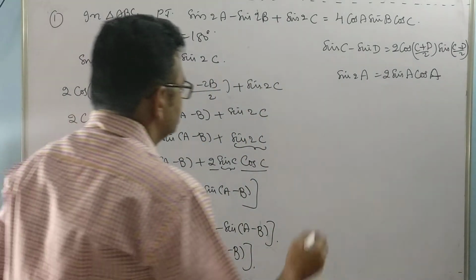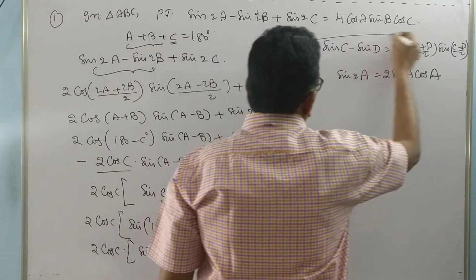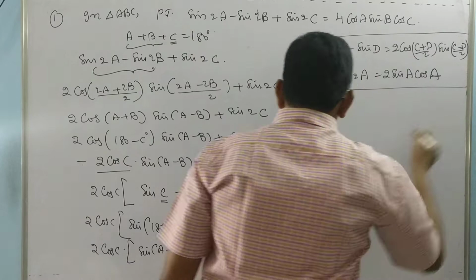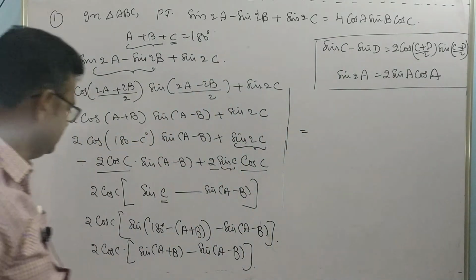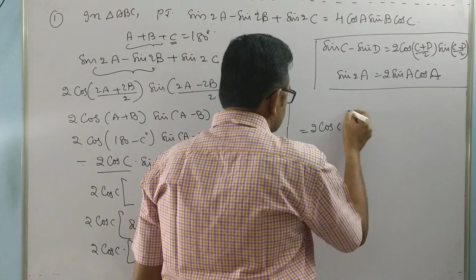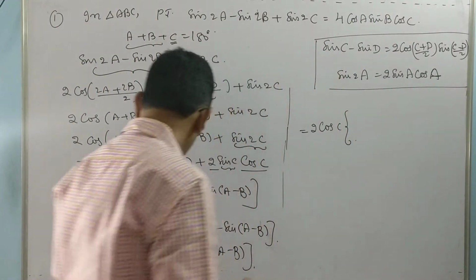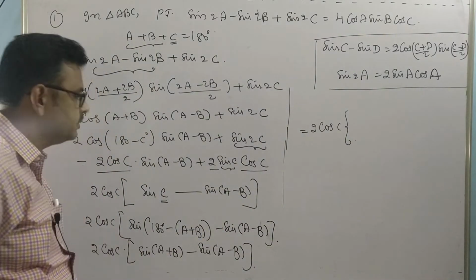Sine of (A plus B) minus sine of (A minus B) is equal to 2 cos A sin B. So these are the formulas. So this is 2 cos C into 2 cos A sin B.